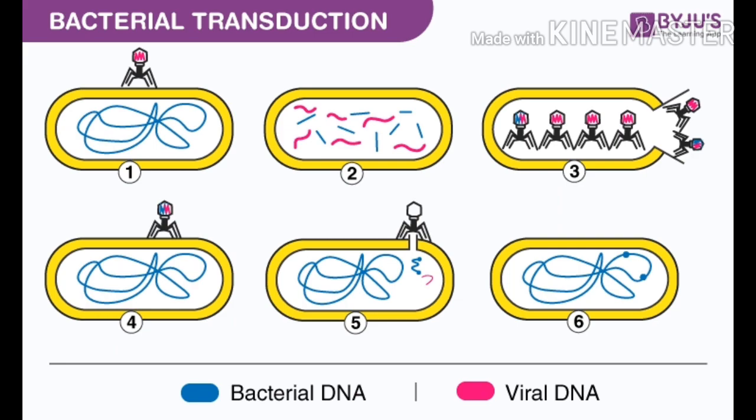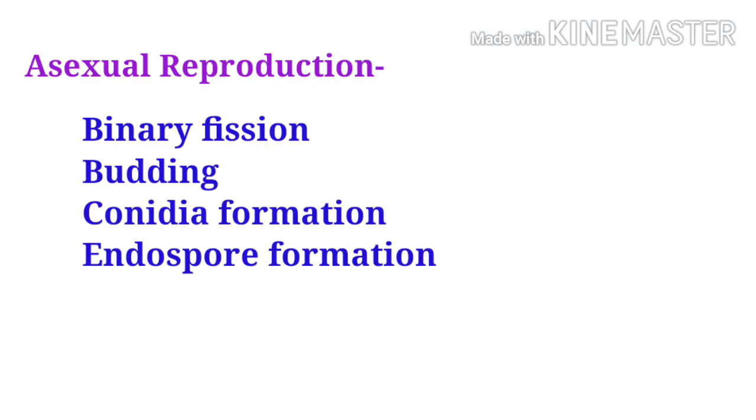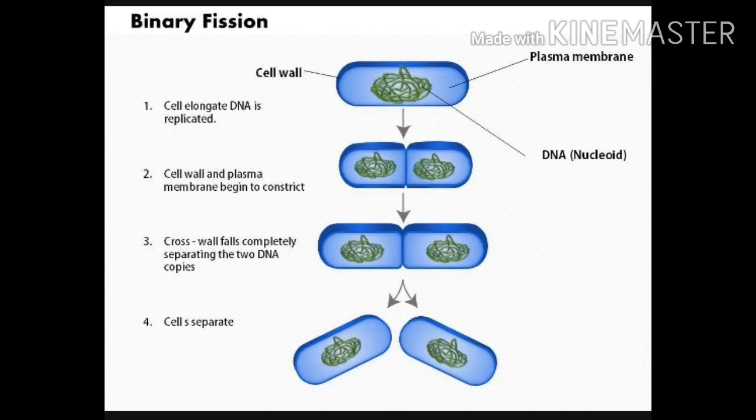Now let's see the asexual reproduction. Bacteria can reproduce by binary fission, budding, conidia formation and endospore formation. Let's see one by one. Binary fission. In binary fission, what happens? This is the cell wall and this is the plasma membrane of a bacterial cell. Number one, the cell elongates and DNA is replicated.